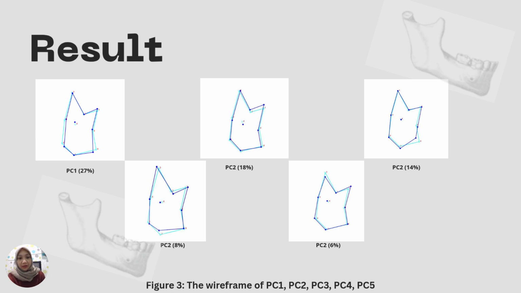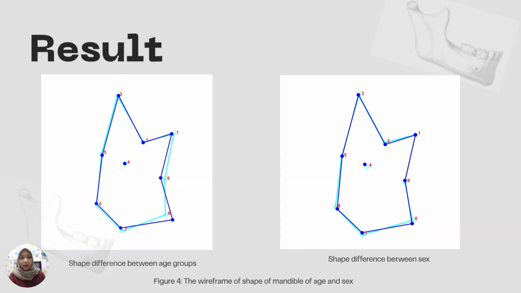The ramus is different in subadults. This is the shape difference between age groups and between sexes. For age the difference is very clear, but for sex the difference is small. This is the warp from the mandible by age and sex.